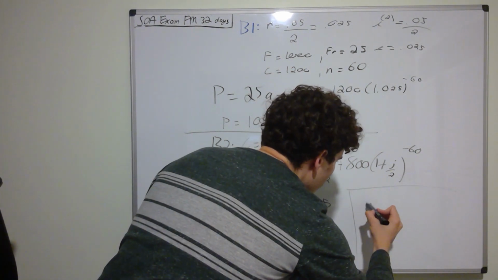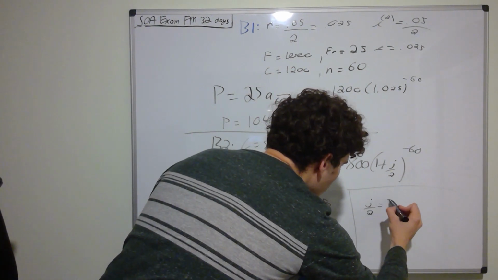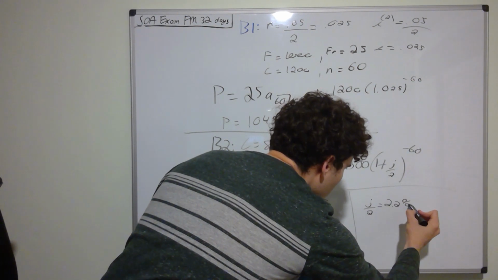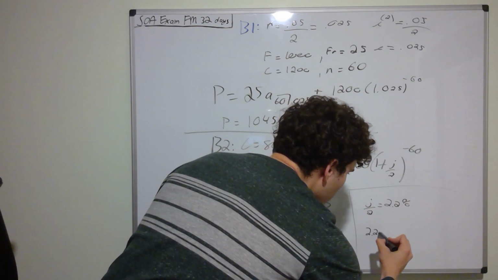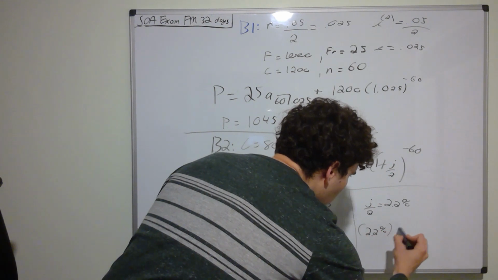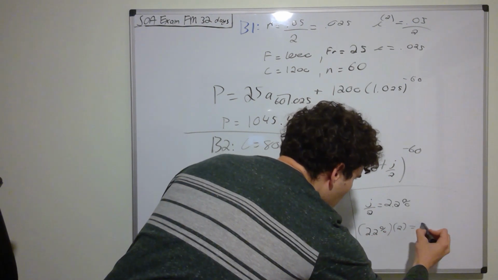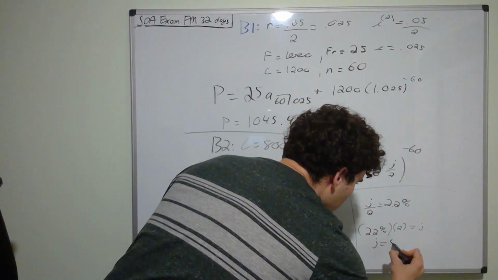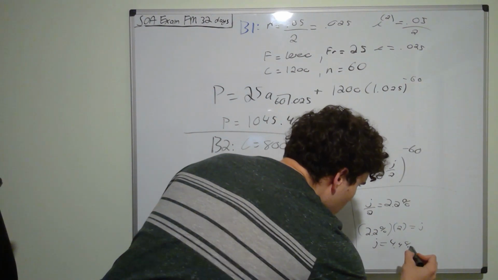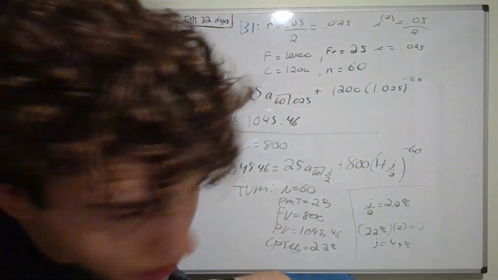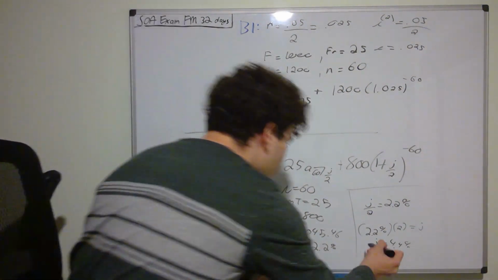We have J over 2 equal to 2.2%, so 2.2% times 2 equals J. So J is equal to 4.4%. I wrote that really small, but you can still see it. That's 4.4%. That is our final answer.